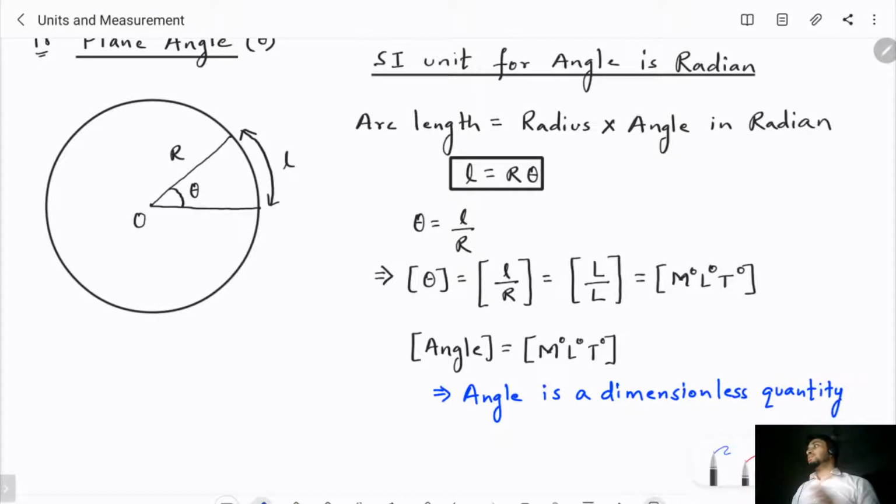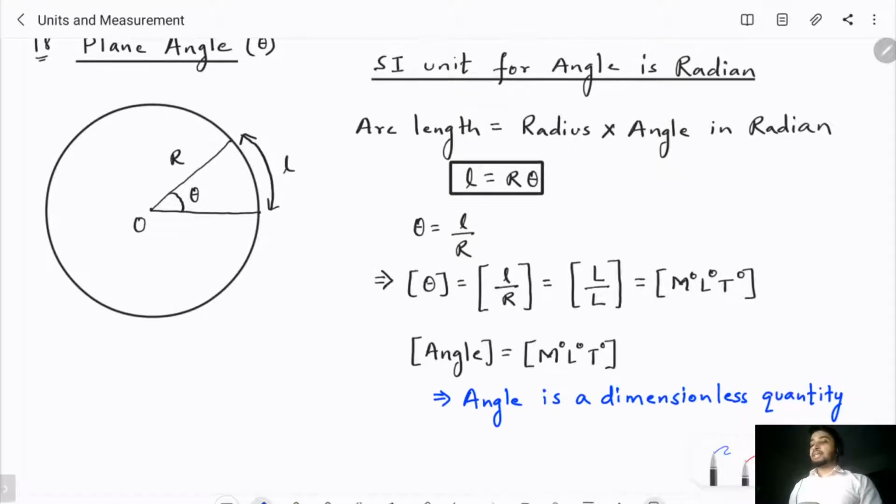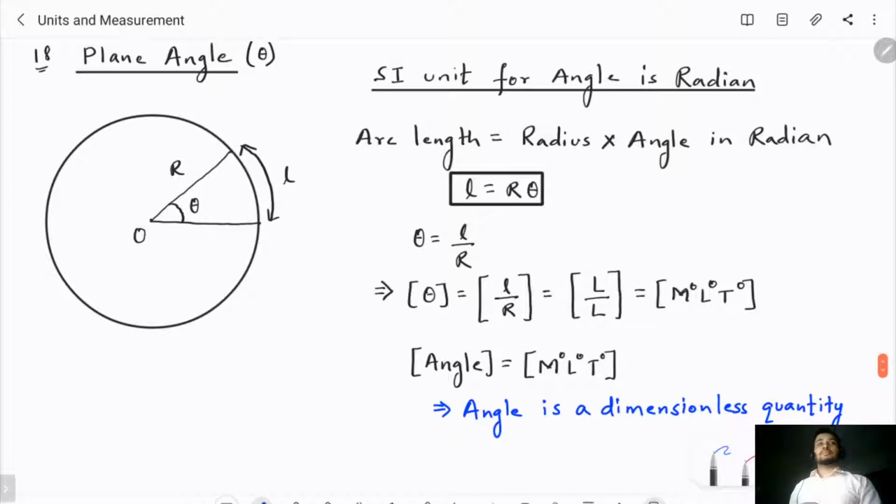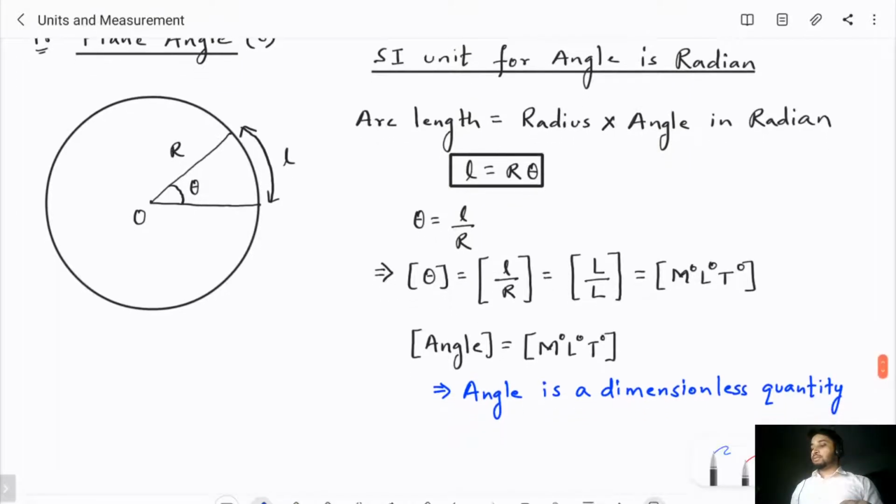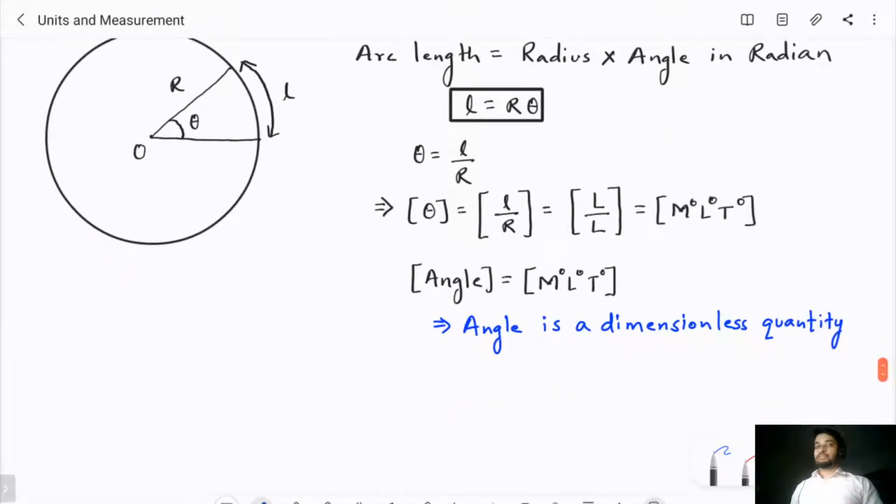So here one thing we can observe, that angle is a dimensionless quantity, but it has a unit. Unit is radian or degree. Okay. So you have to understand one statement, that a dimensionless quantity may have unit.